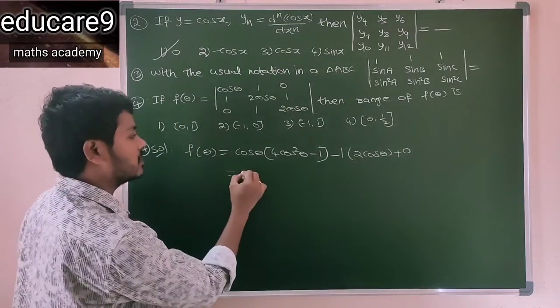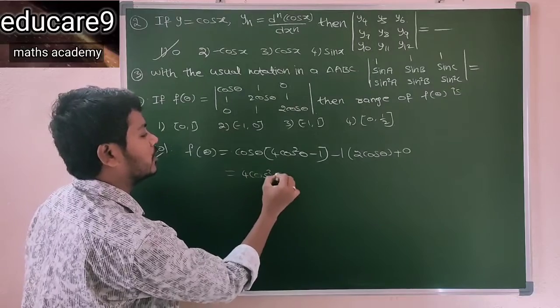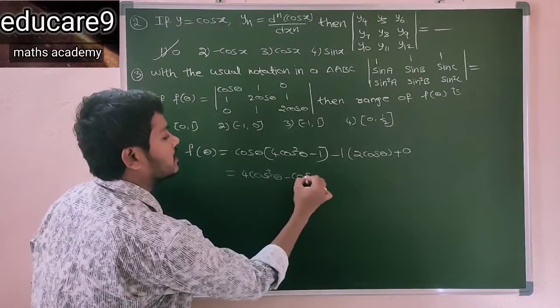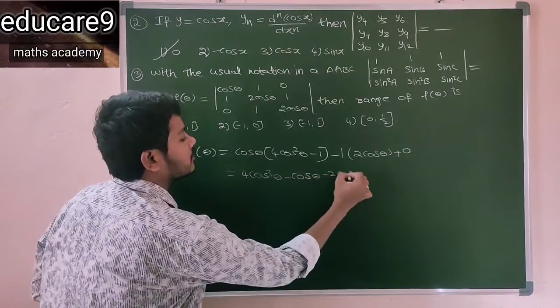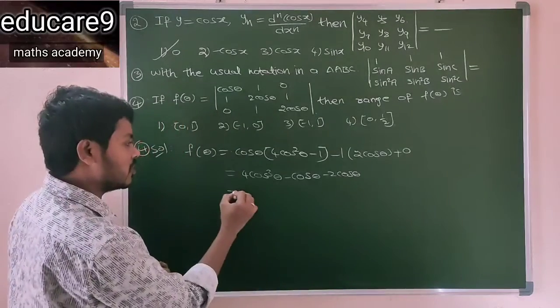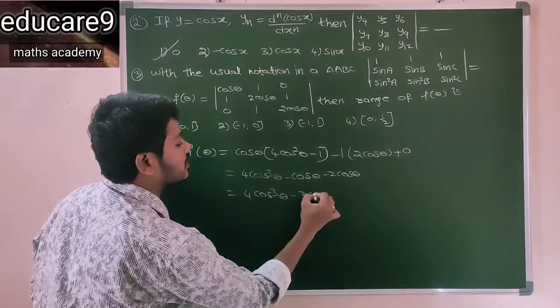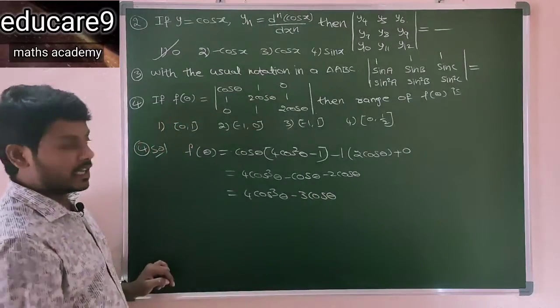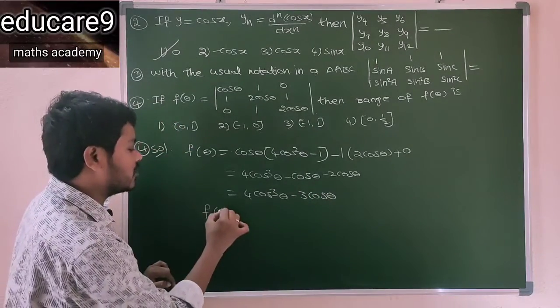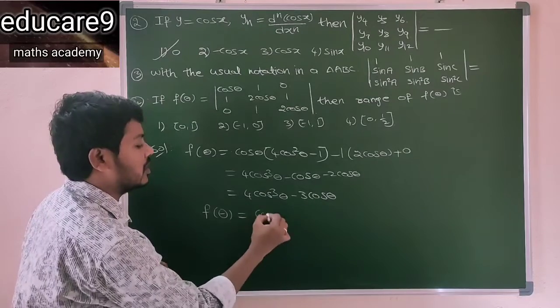So here this is 4 cos cube theta minus cos theta minus 2 cos theta. This is what? 4 cos cube theta minus 3 cos theta. So clearly f of theta is what? This is cos 3 theta.